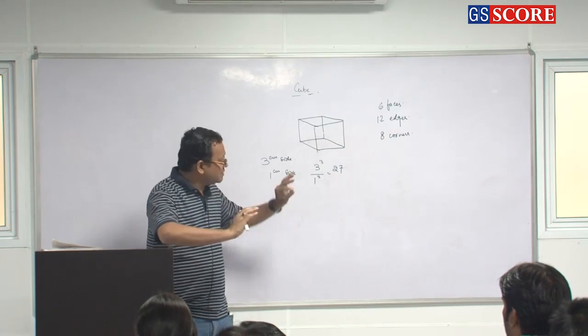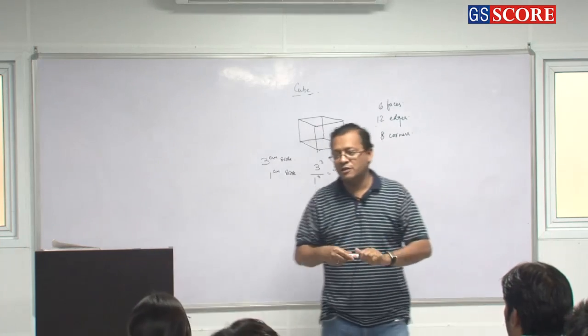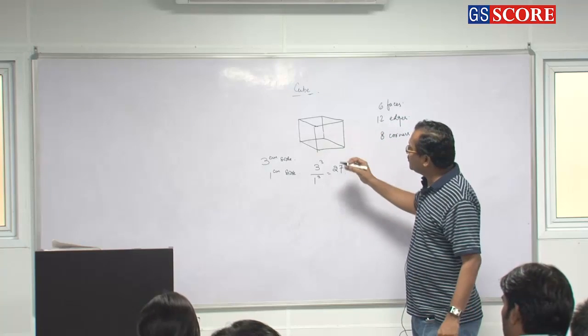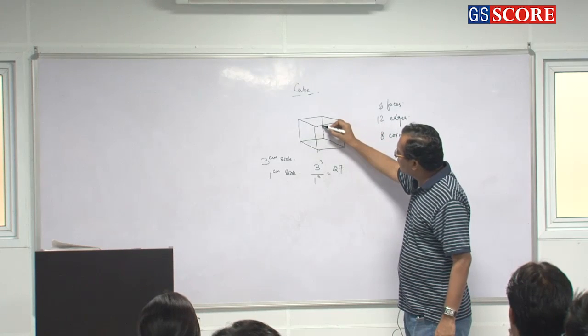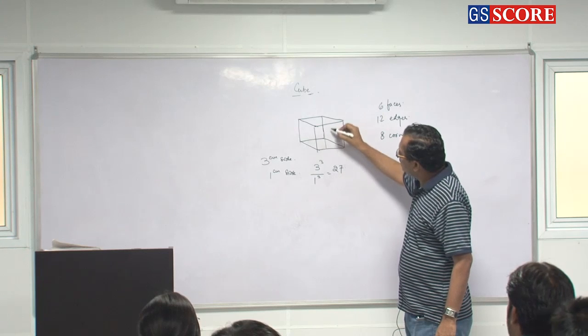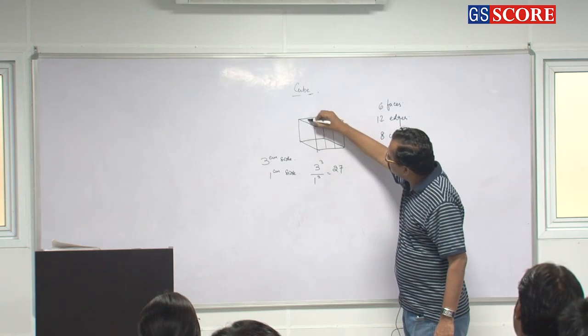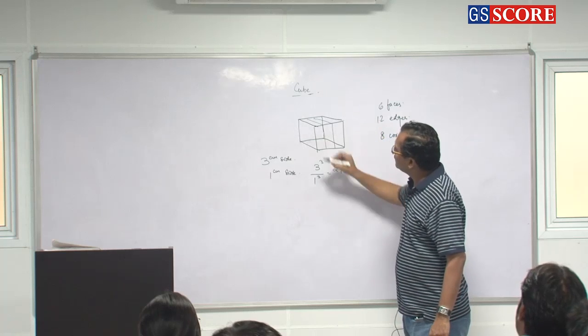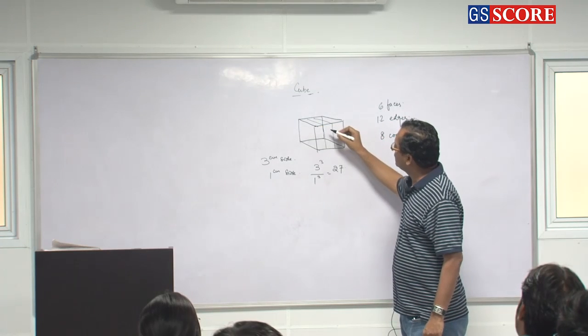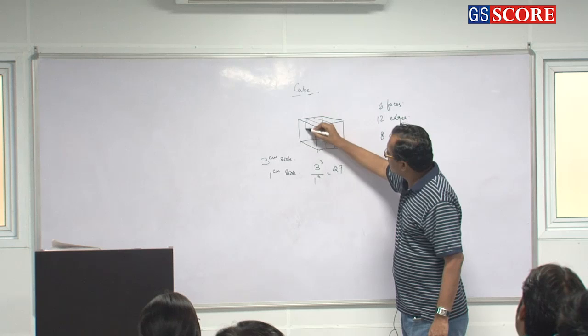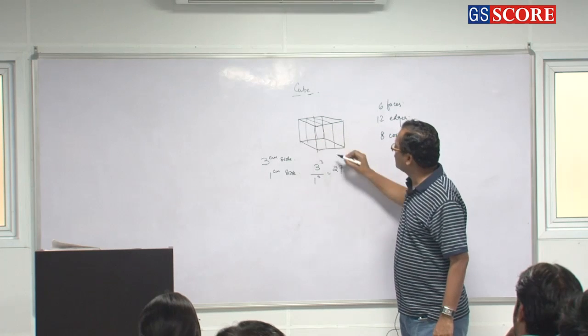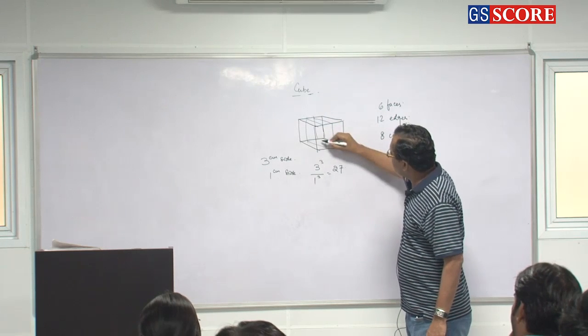So how will you approach these kind of questions? The best way is first the longer way, then the shortcut way. So if you cut into 1 centimeter cubes, how will the cube look like? Something like this. Something like this it will look.